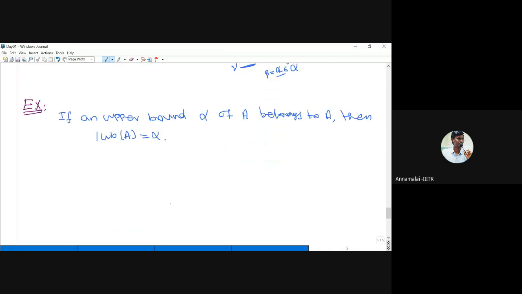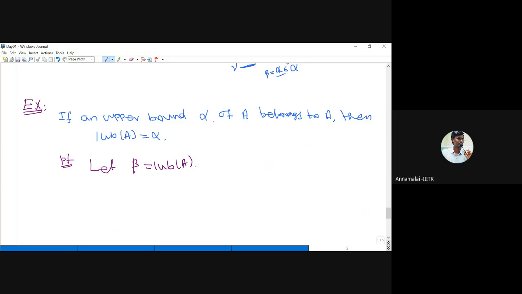Okay. So how to prove this one? The simple proof. Suppose we take some other LUB beta, we have to prove that beta equals alpha. Okay. So proof. Let us call beta the LUB of A. But already we know that alpha is an upper bound.